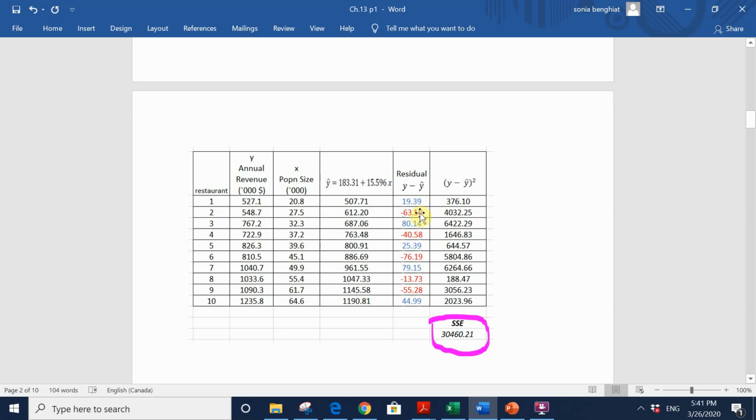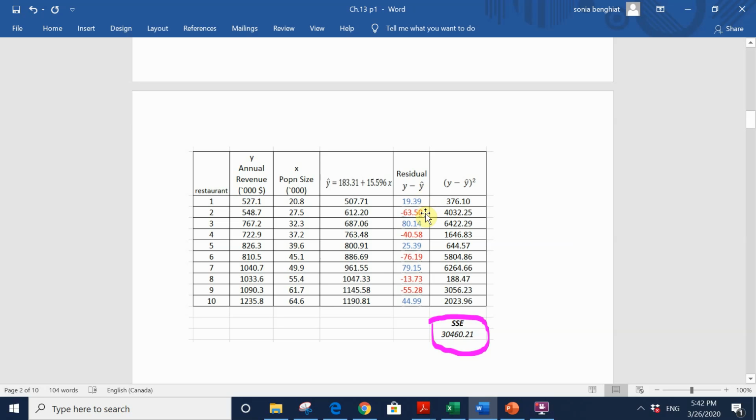When I've got a blue residual, this is telling me that my estimated line of means is underestimating what y should really be. In other words, my observed y is greater than my estimated y.